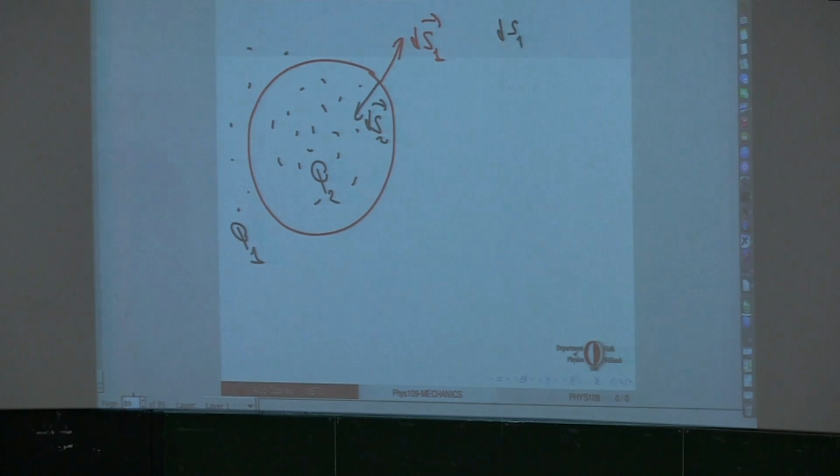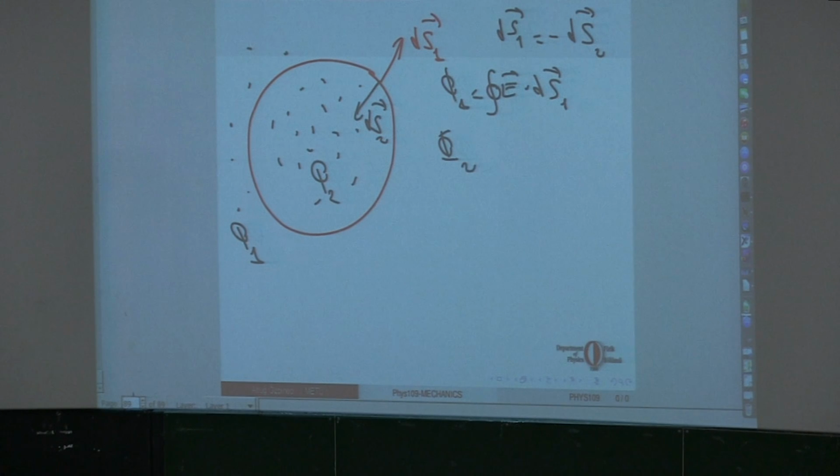And since they are both perpendicular to our surface, there is a sign difference between the two. Now, if we calculate the flux using the first choice, or if we calculate the flux using the second choice, they will, of course, differ by a sign.